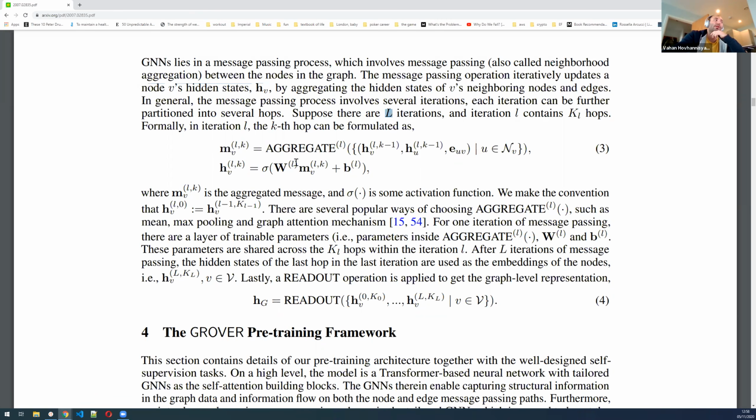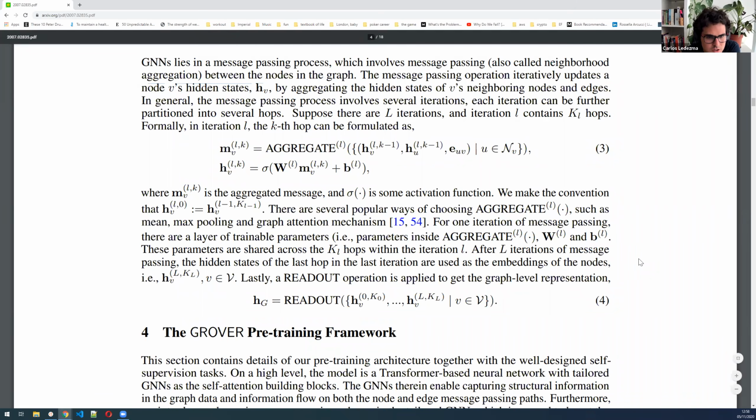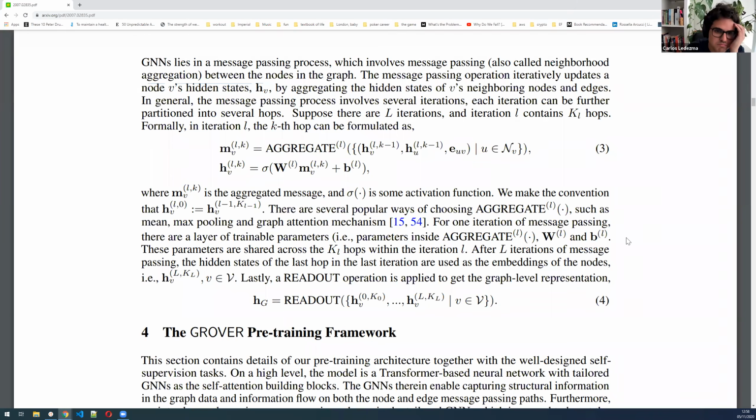My guess is, because L is the index here. Just below it says that WL and BL are parameters shared across the KL hops, iteration after iteration.